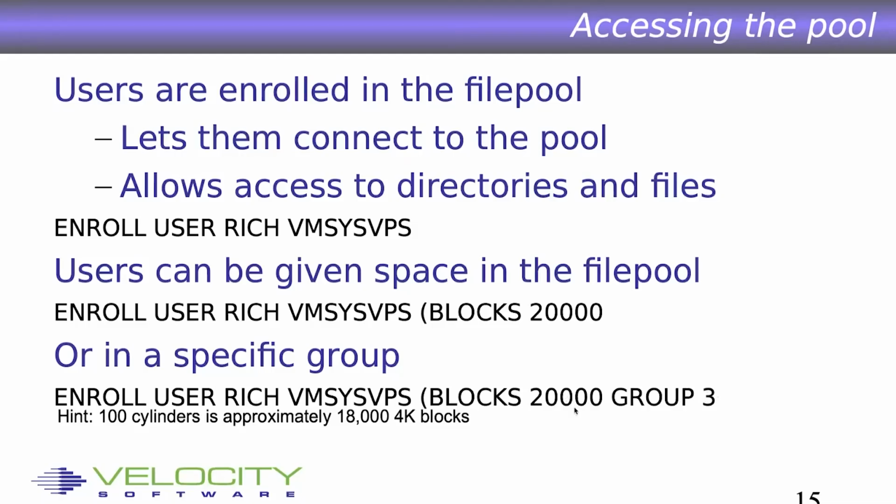The space will be used on the minidisks that are defined for group 3. Just for reference, 100 cylinders is about 18,000 4K blocks, and that's what these are, 4K blocks. So this is a little more than 100 cylinders of disk space.